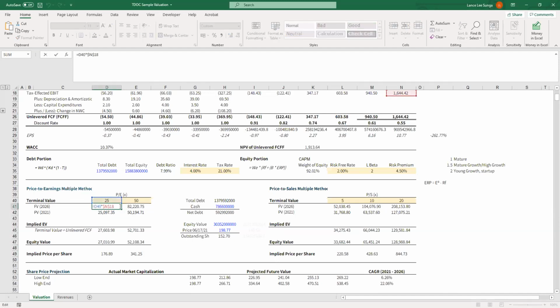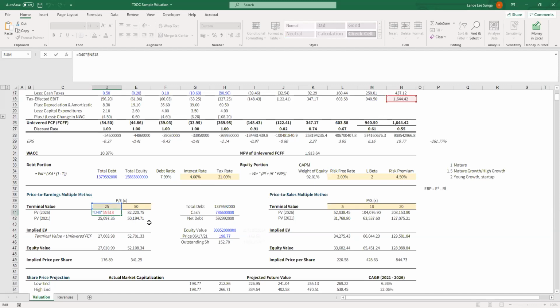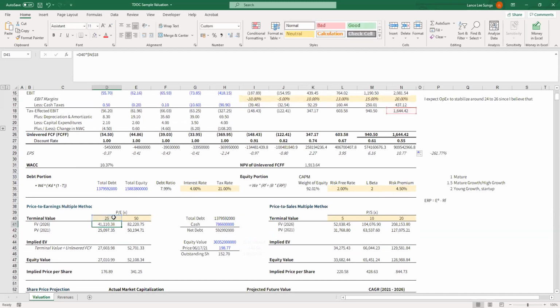What we did here was to multiply the future value, which is the terminal value of 1644, by the multiple, which is 25.